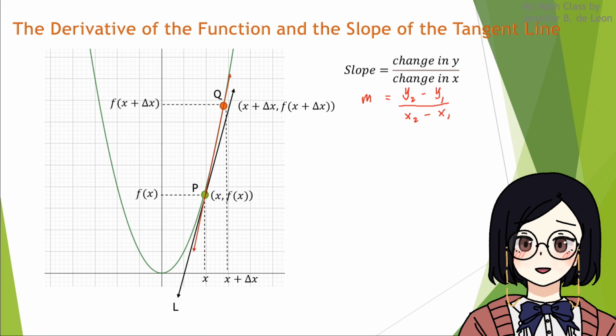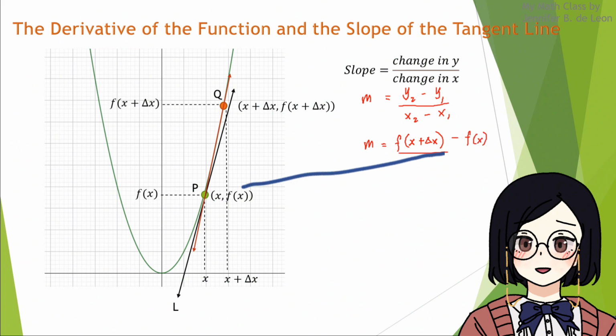Now let's recall how to get the slope of a line. The slope is equal to the change in y over the change in x. Using symbols, we will have m is equal to y sub 2 minus y sub 1 over x sub 2 minus x sub 1. Then we will have m is equal to our y sub 2, which is f of x plus delta x, since that was the second point.